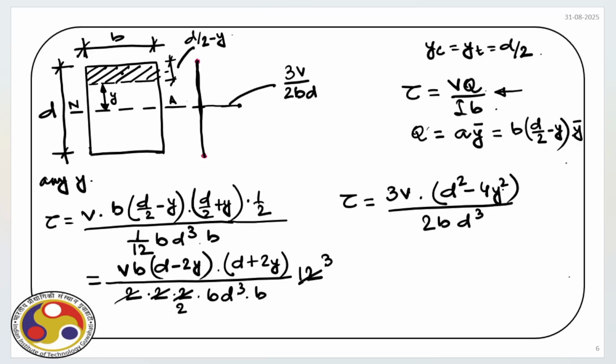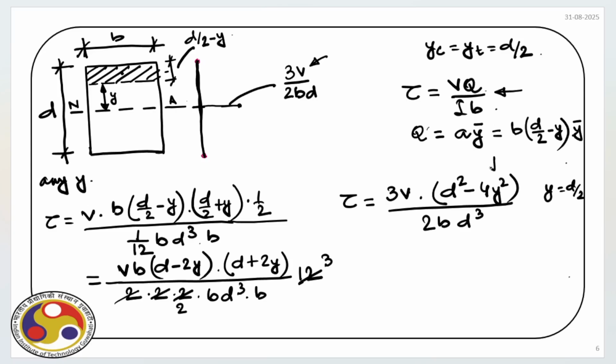Now in this expression also, if you put y equal to d by 2, obviously this third bracketed term in the numerator will get cancelled. So effectively we'll get tau equal to 0. And if we put y equal to 0, then again we'll get the expression that we have already derived. And in between, what is the variation?